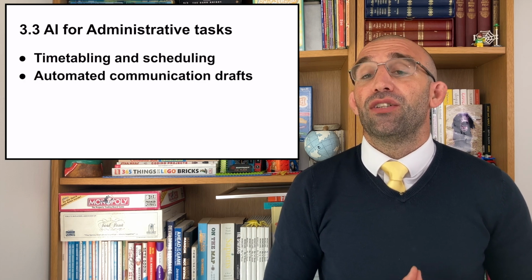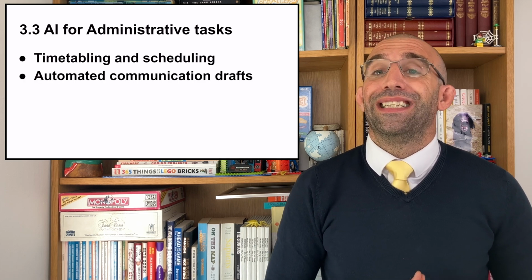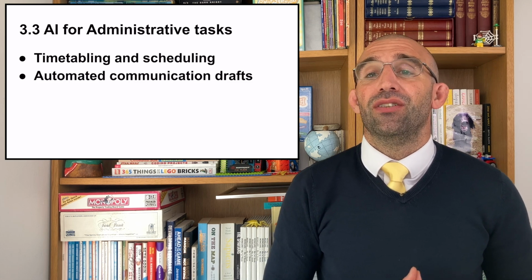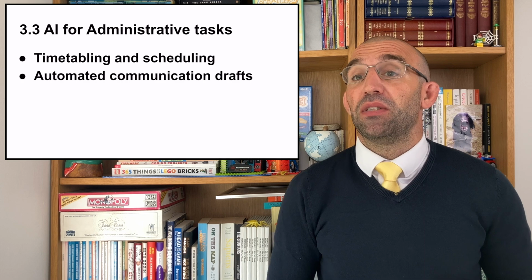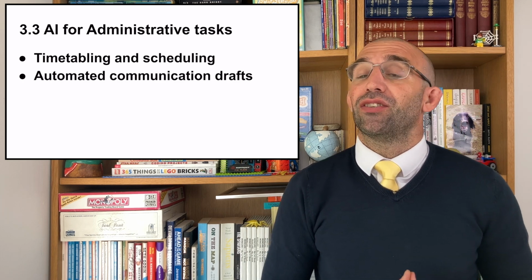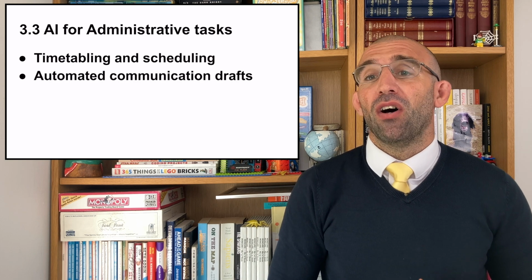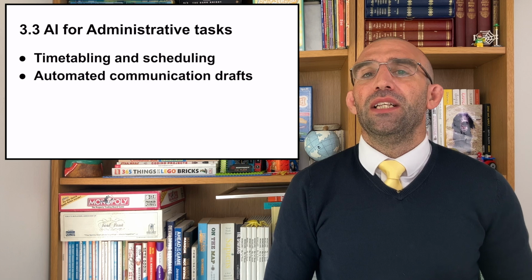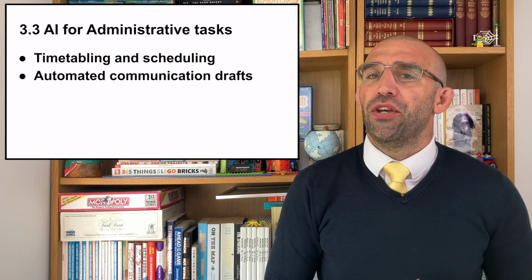Automated communication drafts are also possible, where teachers can use generative AI to draft standard communications, including announcements to parents about upcoming events, reminders to students about assignments, and personalised but automated progress updates. However, these will still need to be reviewed by a human.